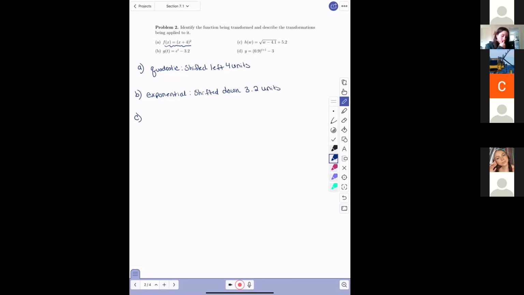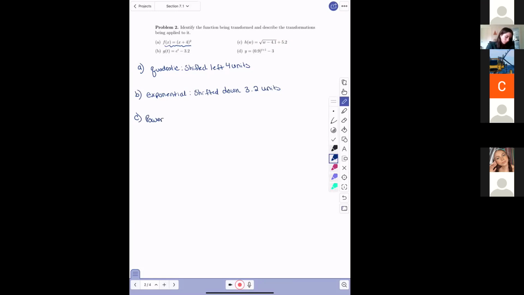Okay, problem C, power function. H of t, oh, I just gave you the answer, but h of w is equal to the square root of w minus 4.1 plus 5.2. What type of function is this? A power function. Yes. And can someone explain why it's a power function? Because it doesn't look like our standard power function.